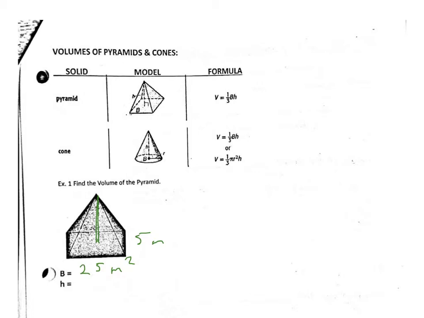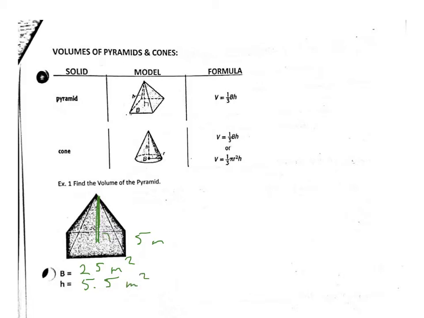Now, how tall is this? Well, let's go ahead and say that we don't have a height for that. Let's say it's 5.5 just for fun. We'll just pick that number out. 5.5 meters.